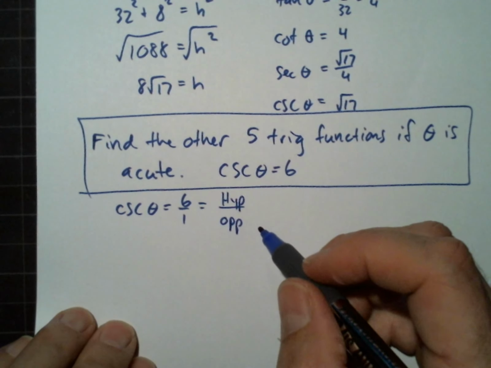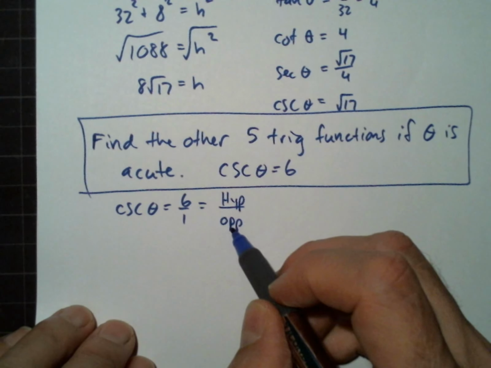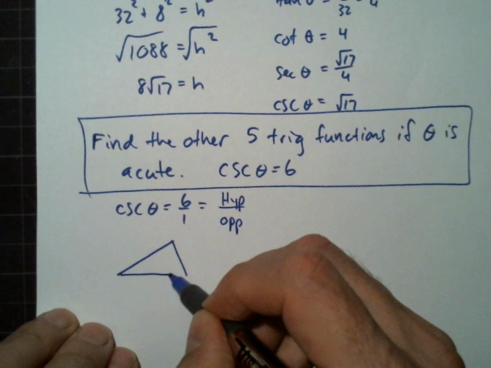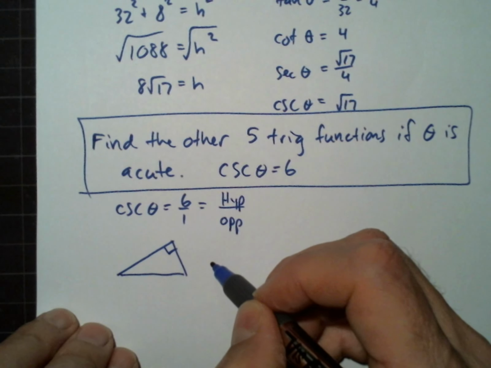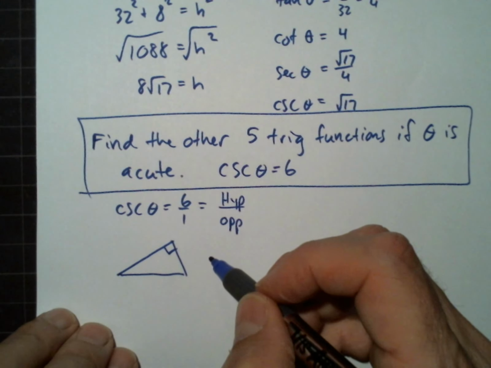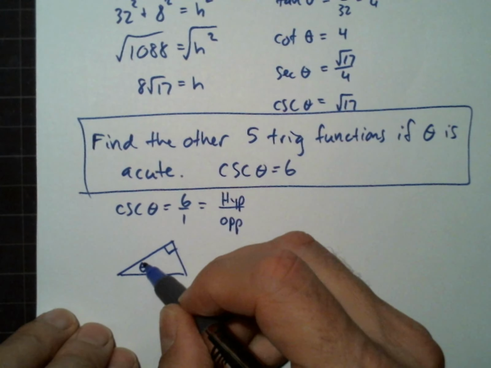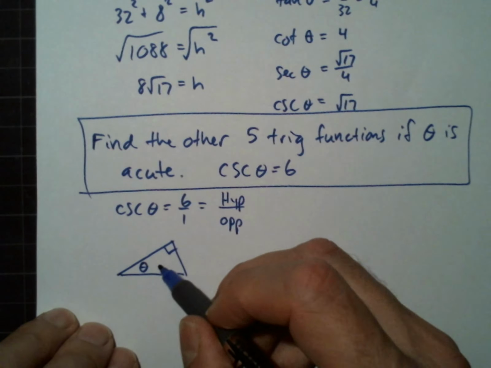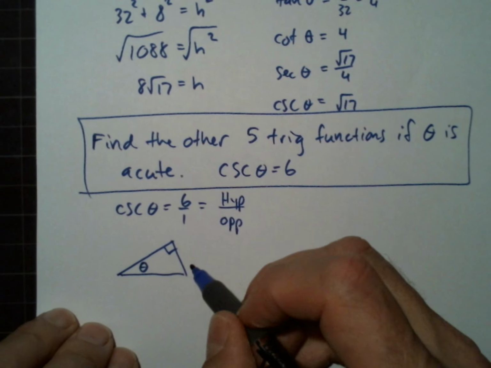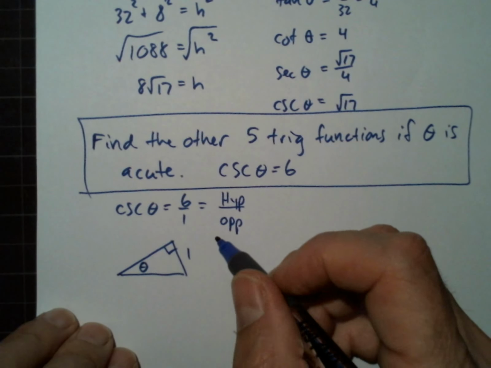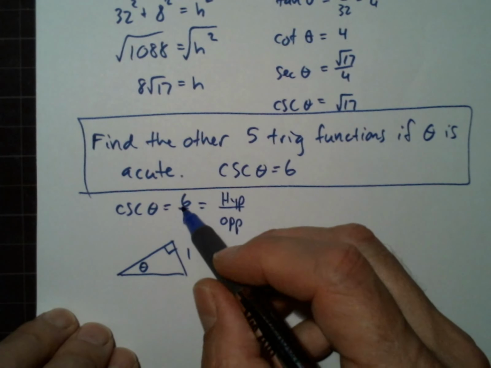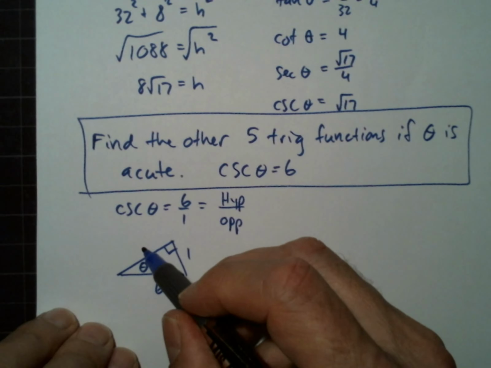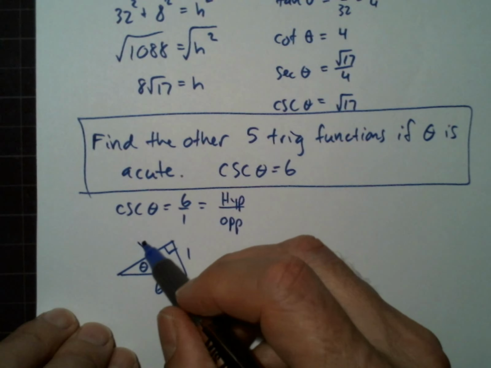So then we can draw the triangle with a hypotenuse of 6 and an opposite side of 1. So we can just pick theta. Wherever theta is, we know that the opposite of theta is 1. And the hypotenuse is going to be 6. And then we can solve for the adjacent. Let's call that x.